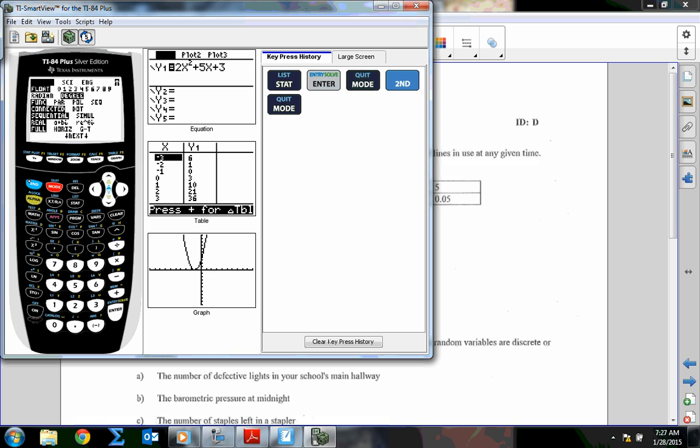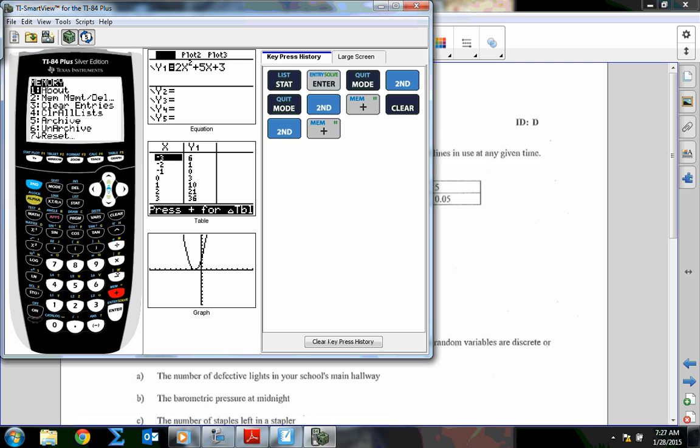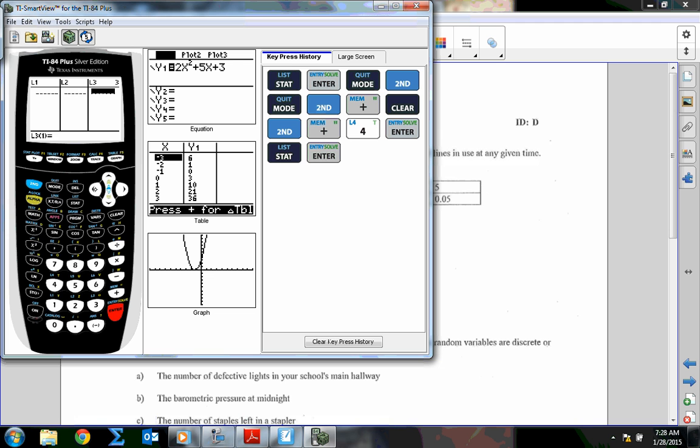This might have been a bad idea. Second, memory. Oh, this probably was a bad idea. Second, memory. Clear all lists. Enter. Done. Stat. Edit. Okay, now we're ready.